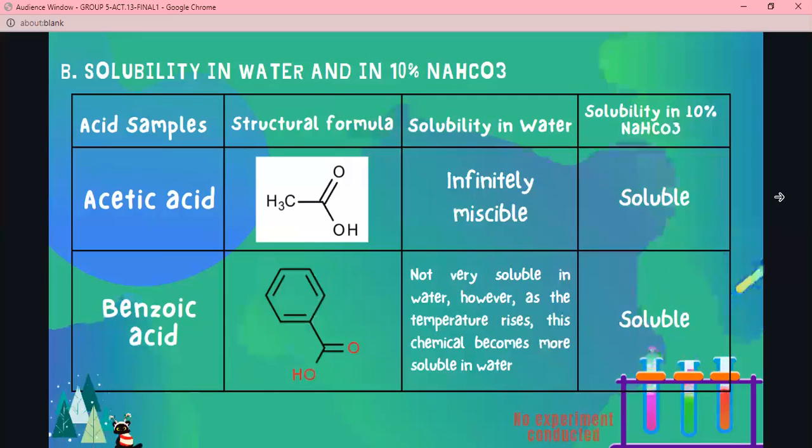Hence, it is soluble in water. Benzoic acid is not very soluble, but as the temperature of the water increases, it becomes more soluble in water. By that, benzoic acid is temperature dependent for it to be soluble in water. Both acetic acid and benzoic acid are soluble in 10% sodium hydroxide.